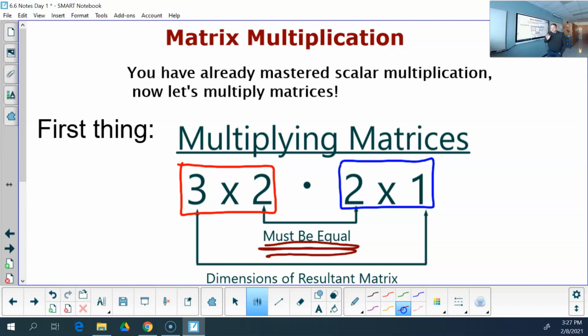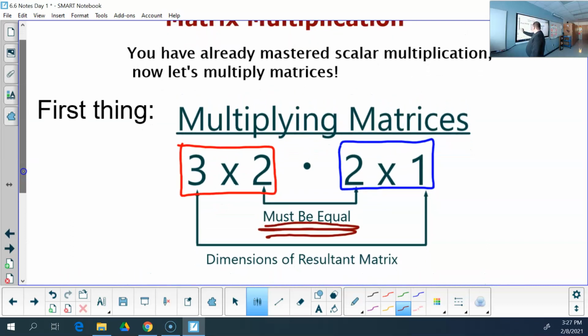And then the cool thing is that the other two numbers are the dimensions of your answer. So a 3 by 2 matrix and a 2 by 1 matrix can be multiplied together, and my answer is going to be a 3 by 1 matrix.